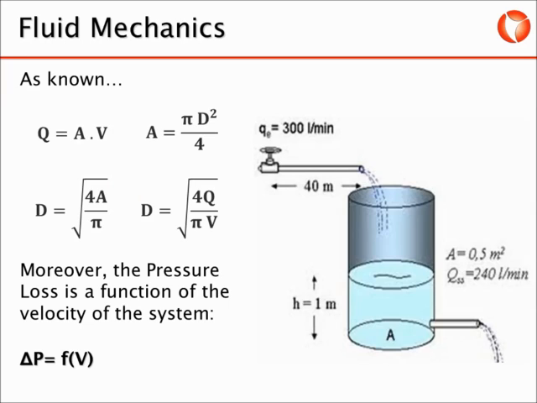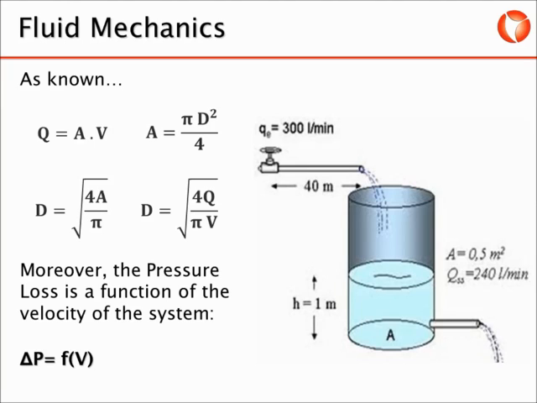Except for the elevation of the inlet and outlet points of the system, all the other variables are related. The diameter depends on the flow. The flow depends on the velocity. The velocity depends on the diameter, and the pressure loss depends on the square of the velocity. Thus, to solve this system, it is necessary to iterate.